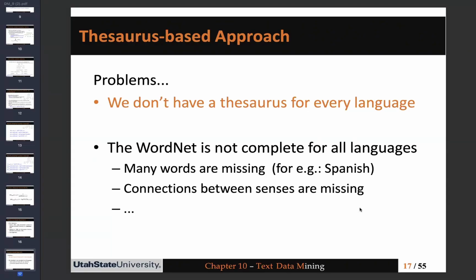As we're going to see later in this course, words have a lot of flexibility across the years. While one word might have some meaning in the 90s, the same word might have a completely different meaning one or two decades later. So the WordNet also might have missing words, missing senses, or even some incomplete connections.